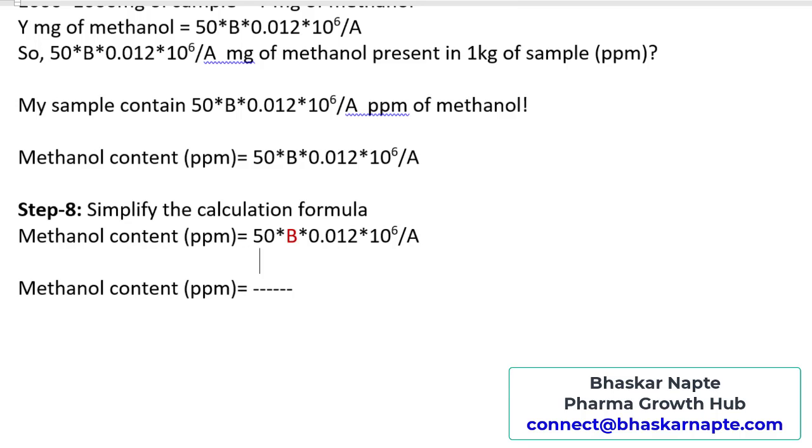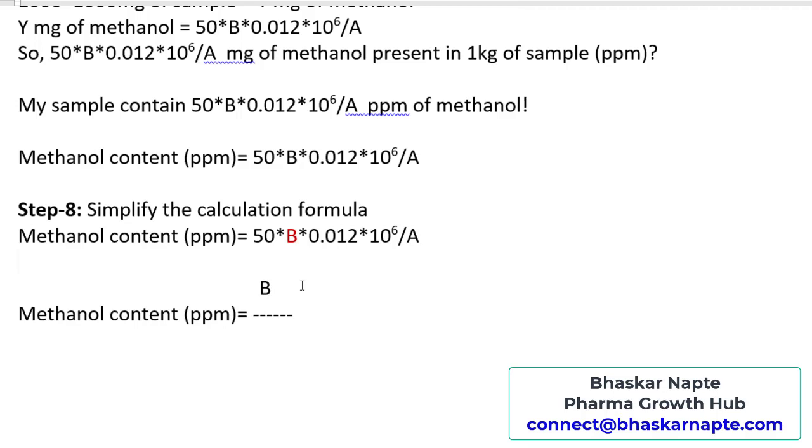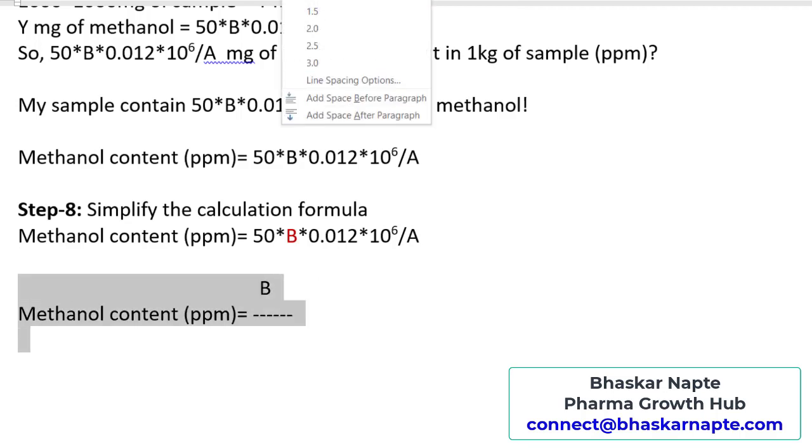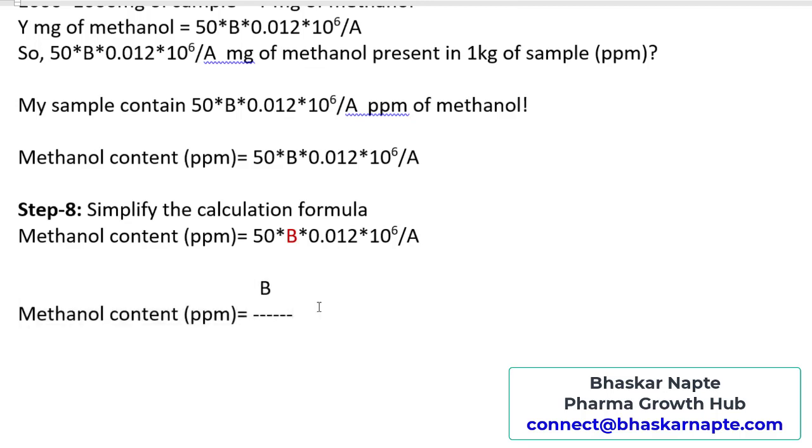And what is the B, by the way? Do you remember B? B stands for the response of methanol from the sample. Then I will take A. What is A, by the way? A is nothing but the response of methanol from the standard solution. Wow, great. So we got the very first term now.